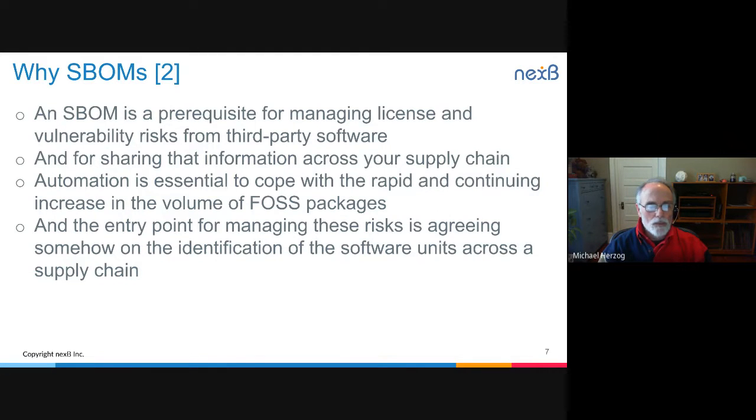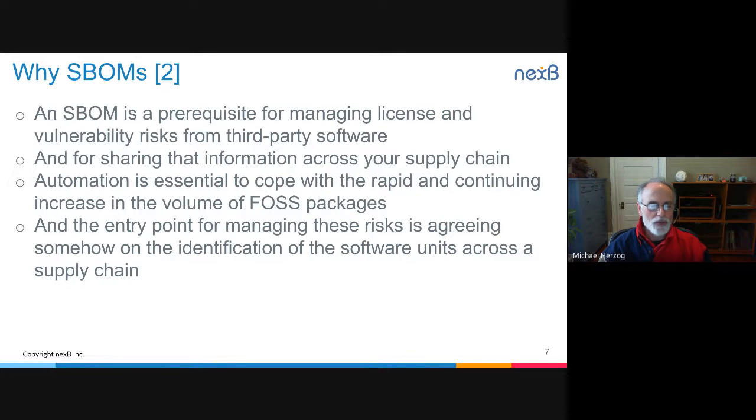So one good way to think about it is that SBOM is not the actual management of license and vulnerability risks, it's the prerequisite. Essentially you have to agree on the identification of the software. If you have an SBOM and it lists, we'll use the word components, even though it's not well defined, a set of components, you have to be sure that you know what those components are.